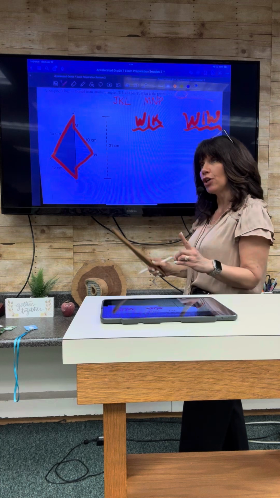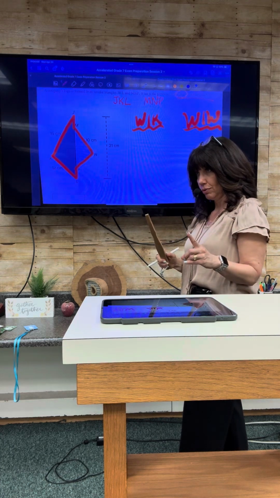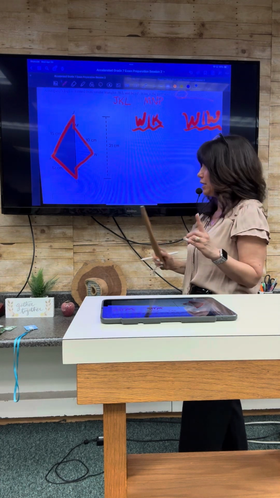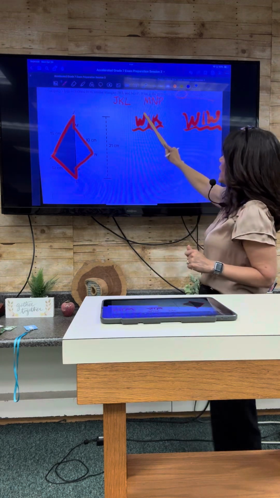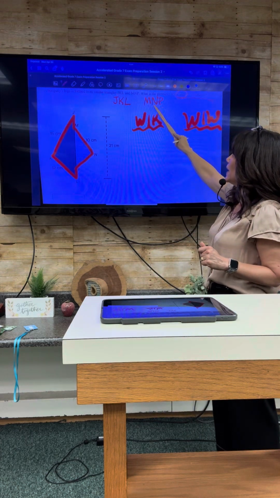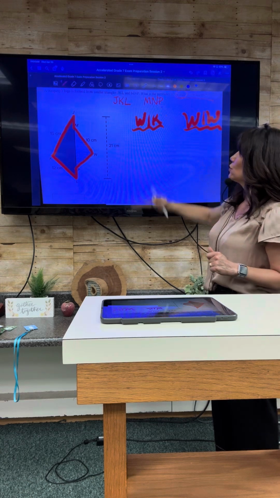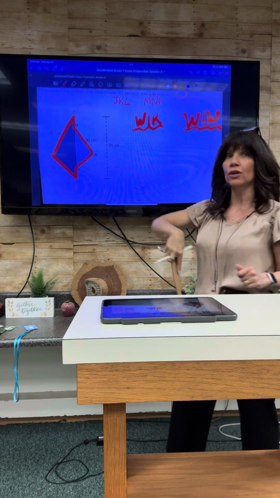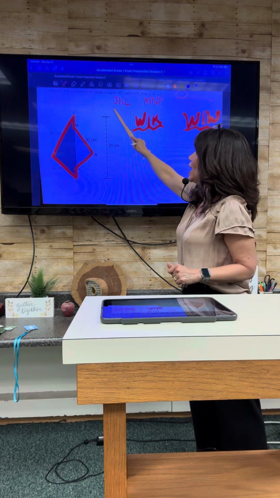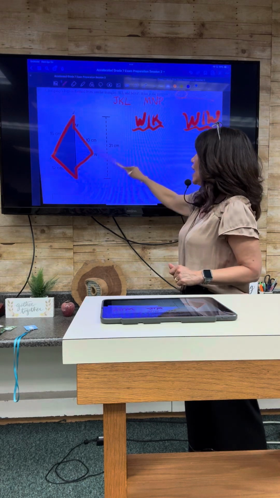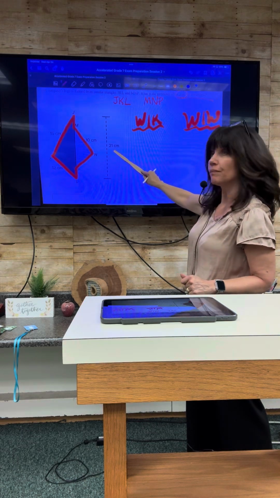You might think I don't, but I do. Just trust me on this for the moment. You need to find line MP. Well, MP is the first letter and the last letter. So what line in the big triangle compares to line MP? JL. Oh, it's this line, so it's how long?